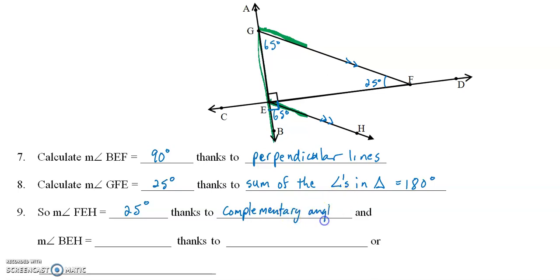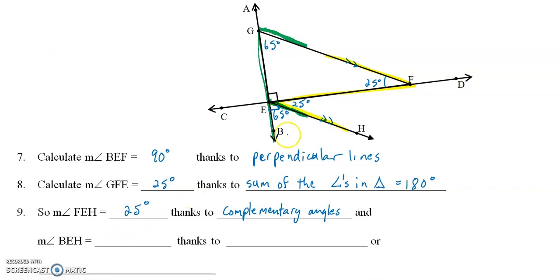Or another reason that that would have to be 25 degrees is that we have that Z property going on. We have the alternate angles going between that pair of parallel lines, the Z. And so same deal, you could have used that.